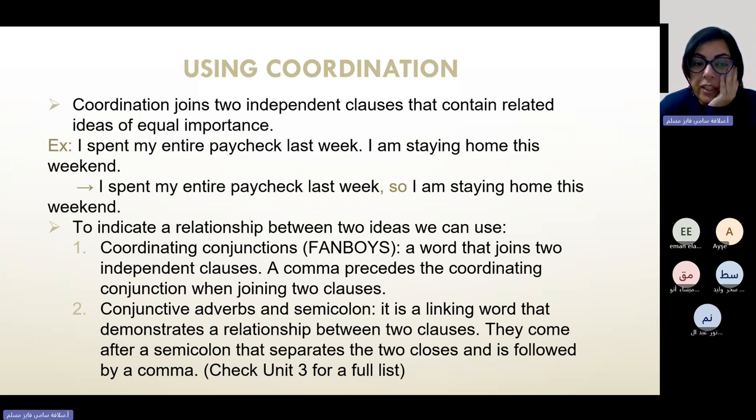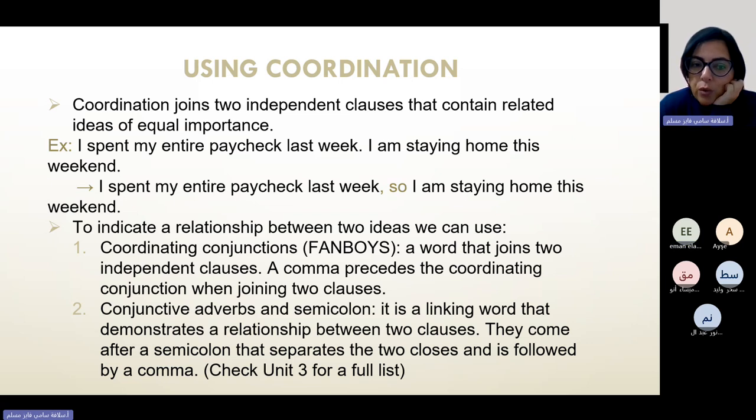To indicate a relationship between two ideas, we can use coordinating conjunctions, fanboys. These are words that join two independent clauses. And notice that they are always accompanied by what? A comma. Okay? A comma precedes the coordinating conjunction when joining two independent clauses.